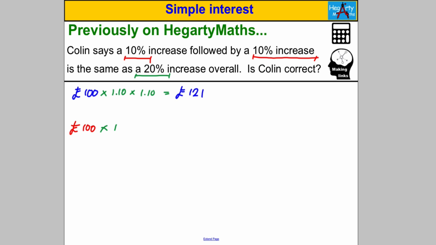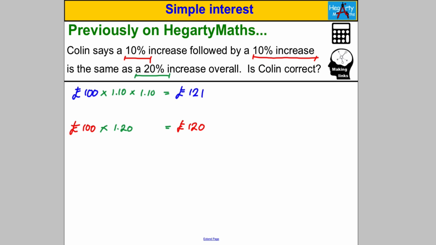So we're going to multiply by 1.20, and we get ourselves the answer, £120. So we can see that a 10% increase followed by a 10% increase is different to a straight 20% increase. 10% followed by 10% is in fact better than that.